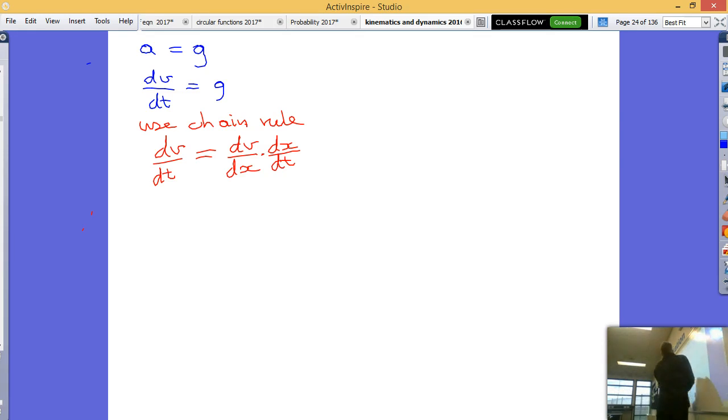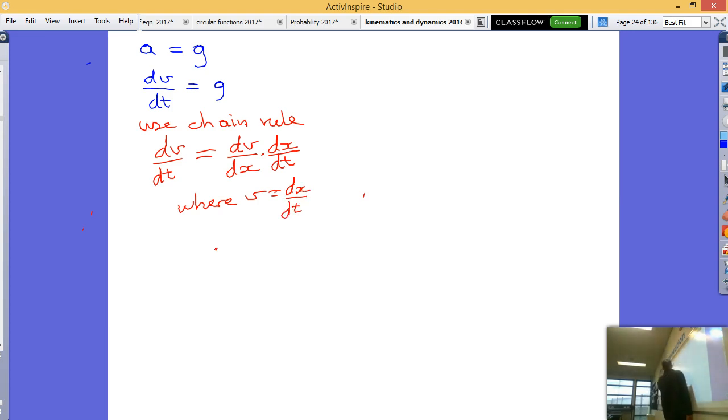So, what do we know about dx/dt? What is that? It's the change in position with respect to time. What do we call that? Velocity. The rate of change of a position with respect to time is a velocity. Okay?